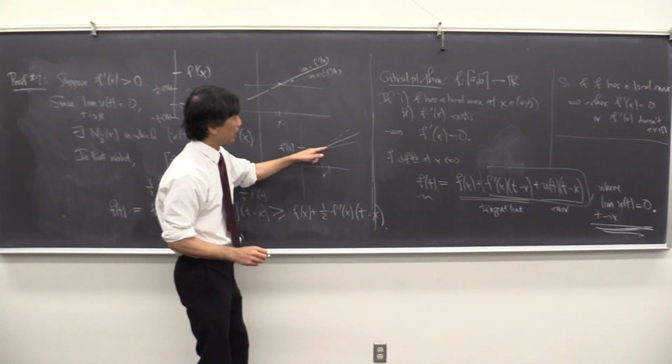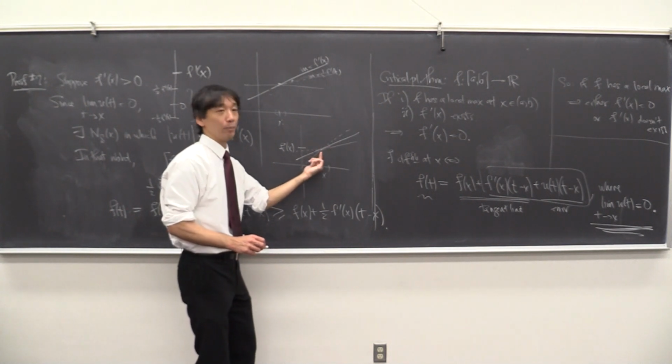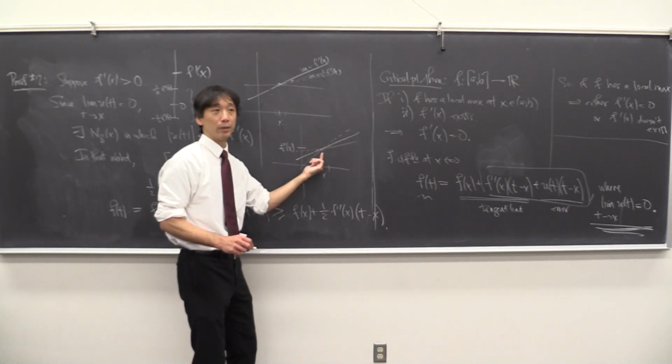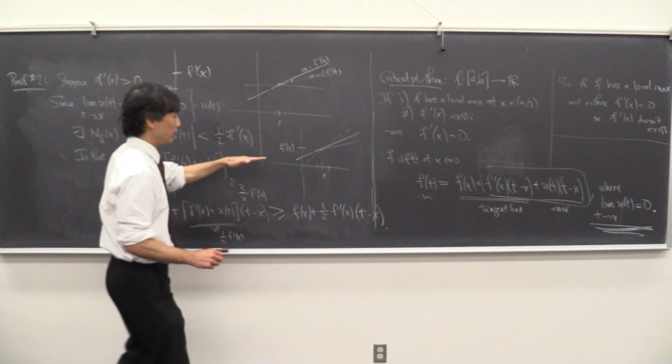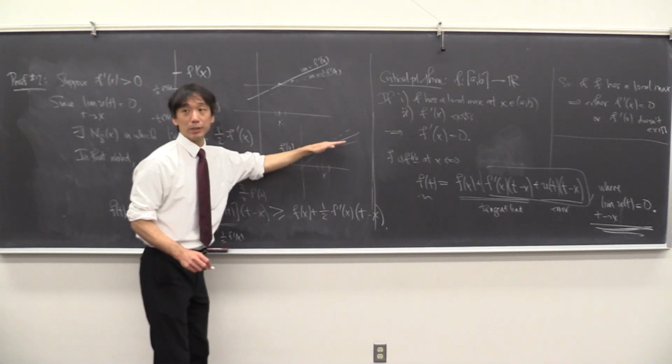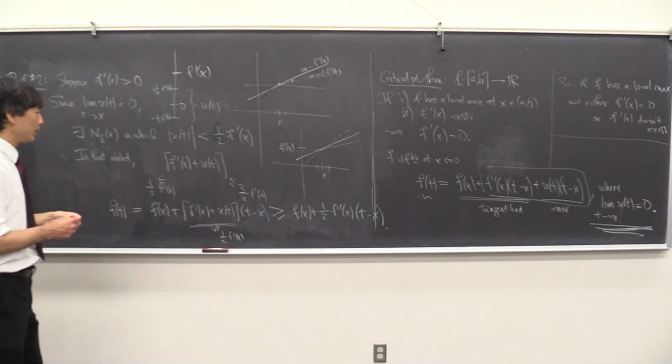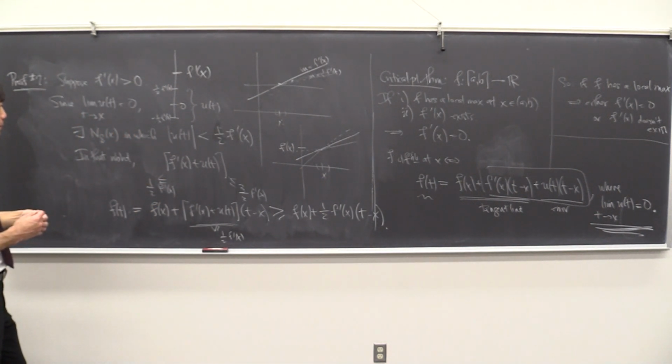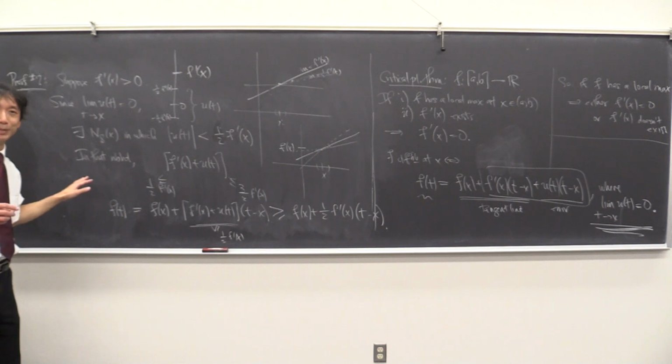But that tells me, in particular, that on the right-hand side, my function is going to be bigger than my point there, right? Because the slope is positive. Did that make sense? I don't know if that made sense.